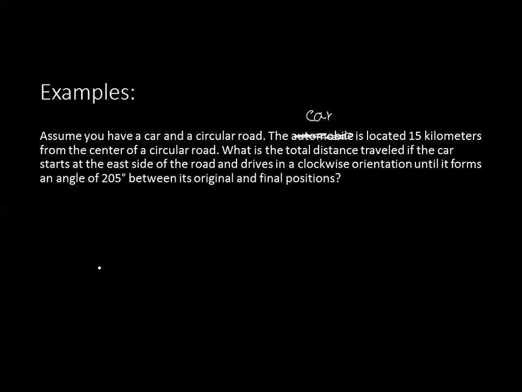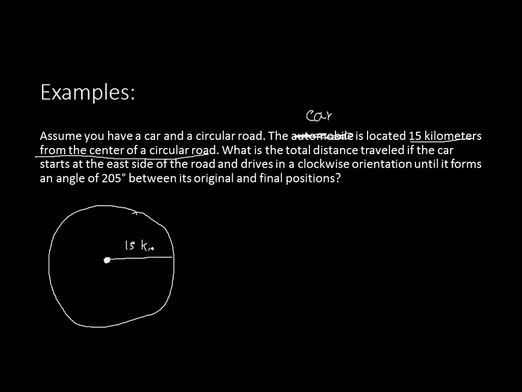So for you to have an idea, you draw it, all right? Try to visualize it. So you have a circular road, which is this one. Then your car is located 15 kilometers from the center of a circular road. It implies that your radius is 15 kilometers.